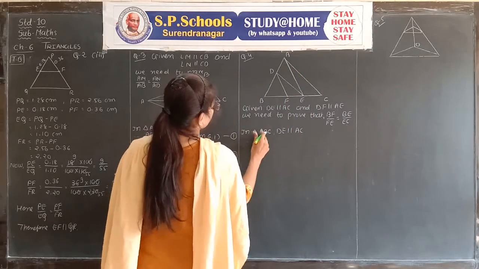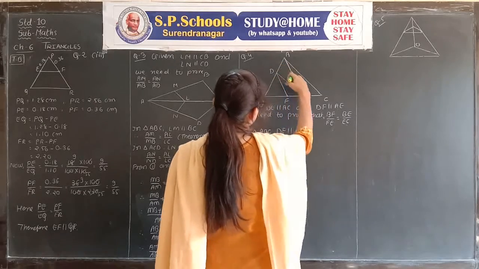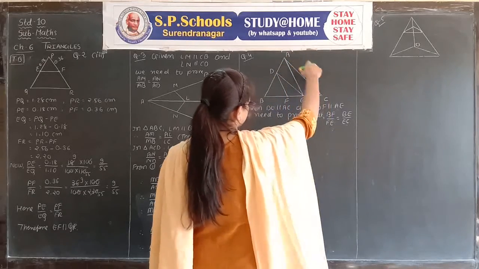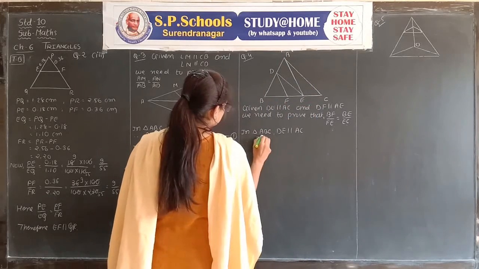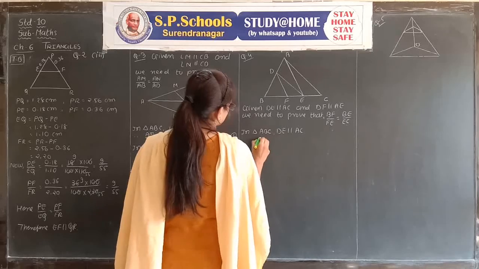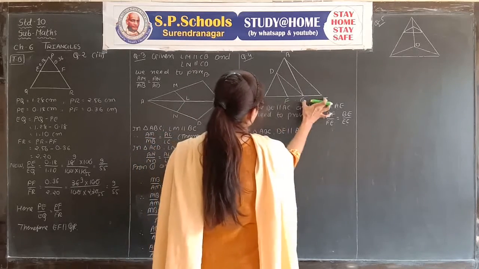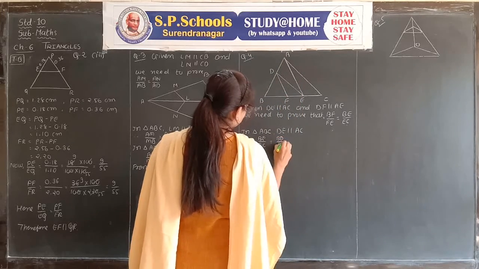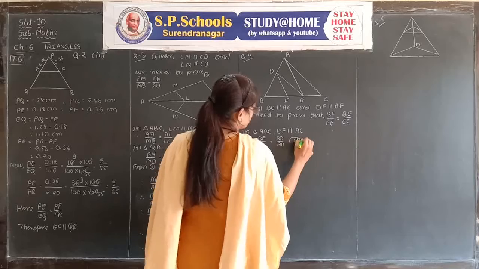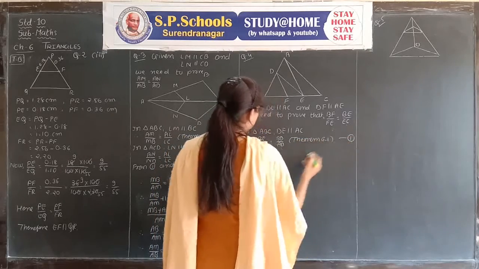That's why, DE parallel to AC, BE upon EC is equal to BD upon DA or AD, by Theorem 6.1. This is result number 1.